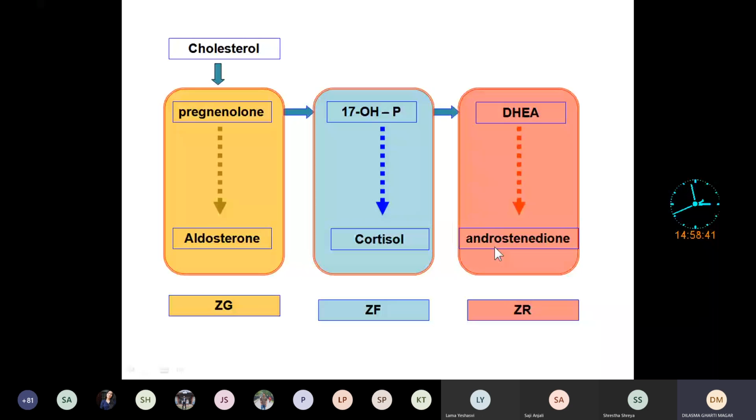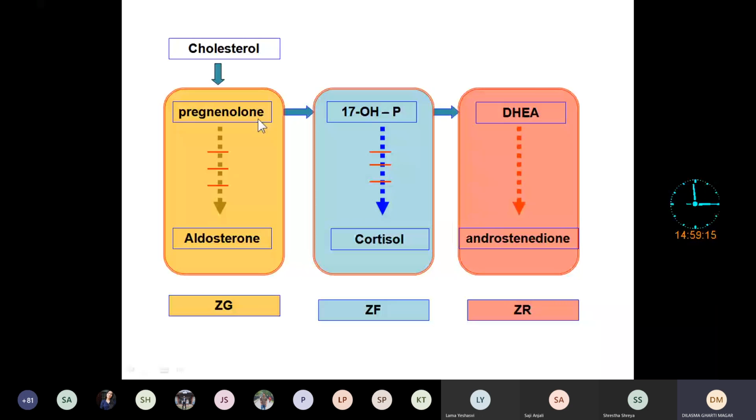Now you see here, whenever there is the deficiency of a particular enzyme, I told you, isn't it? Several steps are there, but from the pathologic point of view all those steps are not necessary, though I don't know about biochemistry or the other subjects. So here, whenever there is the deficiency of this enzyme, that is 21 hydroxylase deficiency, the cholesterol conversion to the pregnenolone occurs, but it cannot be converted to the aldosterone.